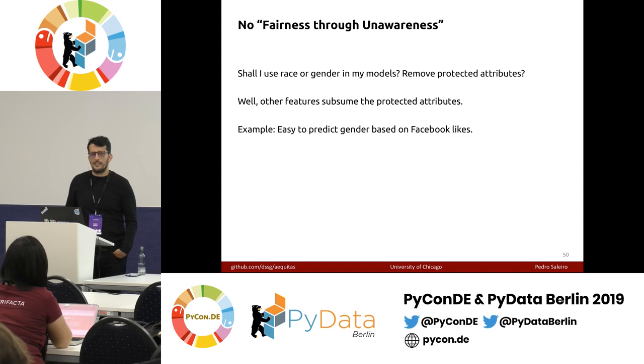Like in the US, socioeconomic background, education, the age of the first jail booking is highly correlated with your ethnicity. Really highly correlated. So it's really easy to infer one based on the others. Same thing with browsing history or Instagram likes. It's somehow easier to detect if you are a man or not based on your interests. So you really will not fix it by just removing it.